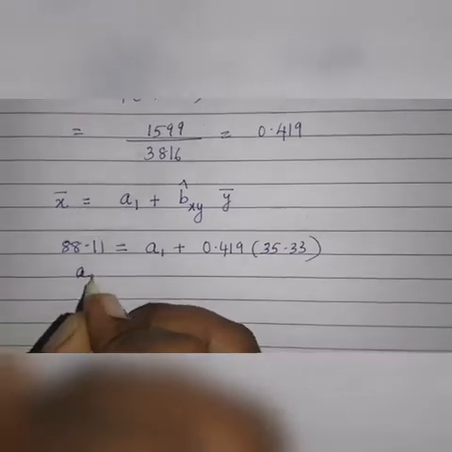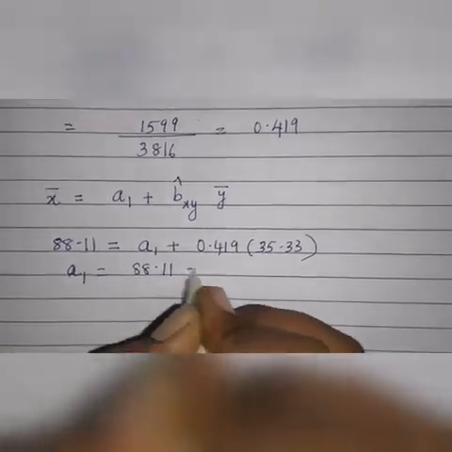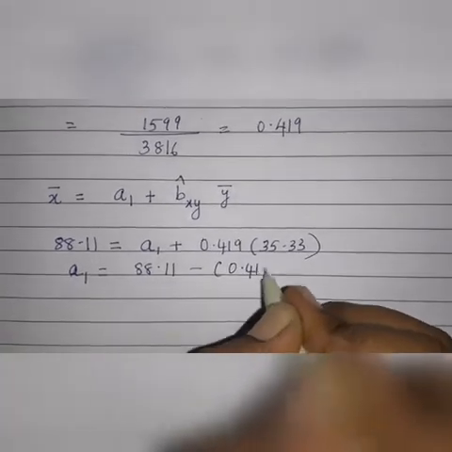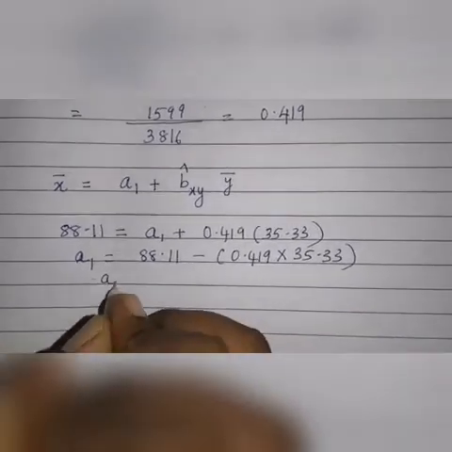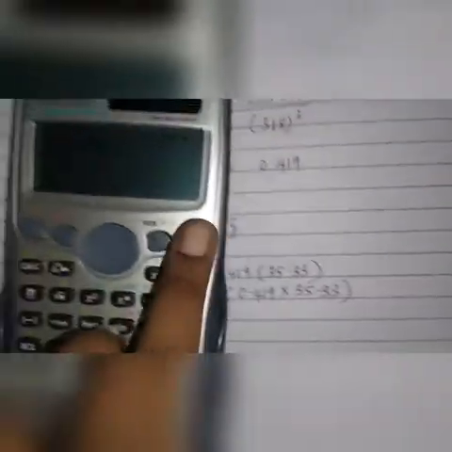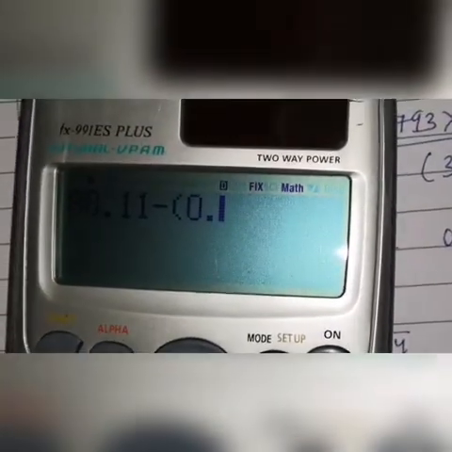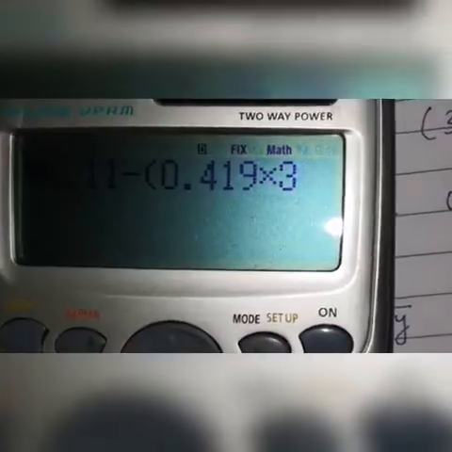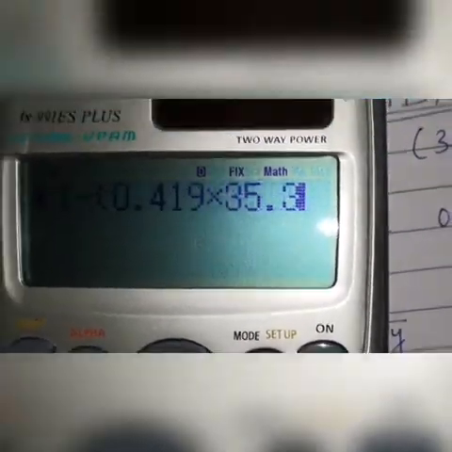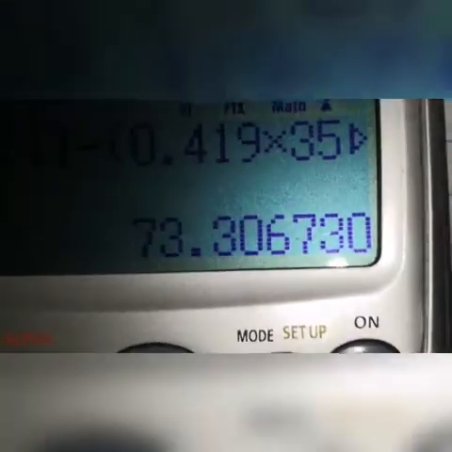So a1 is equal to 88.11 minus 0.419 into 35.33, which is equal to 73.306.